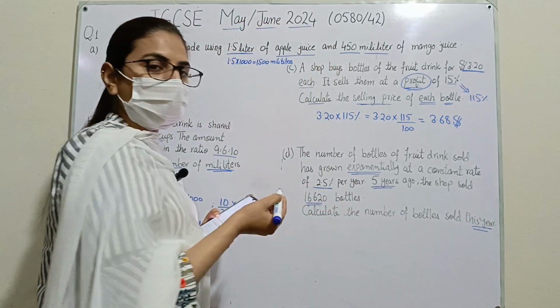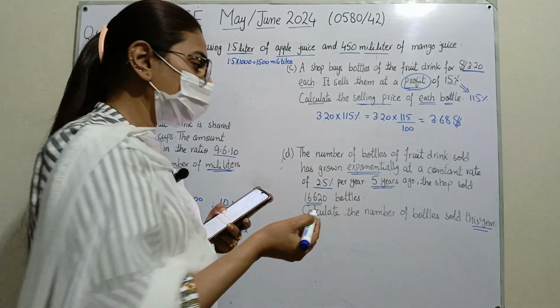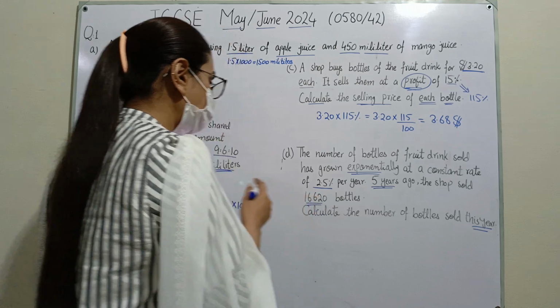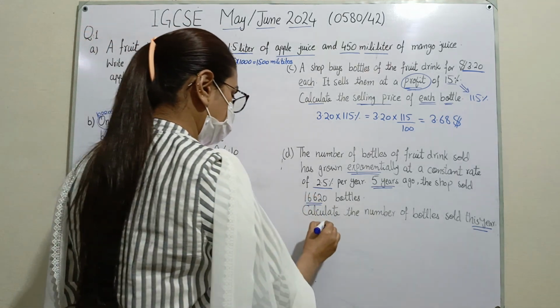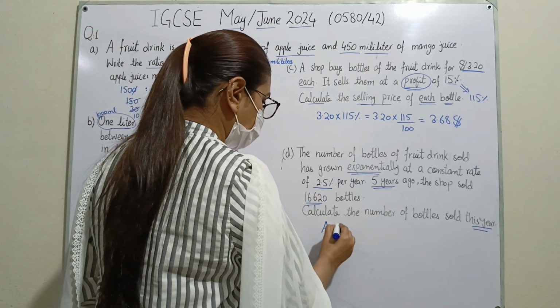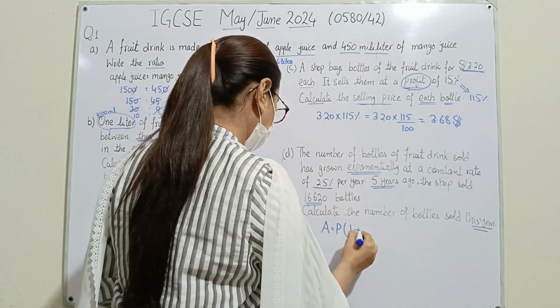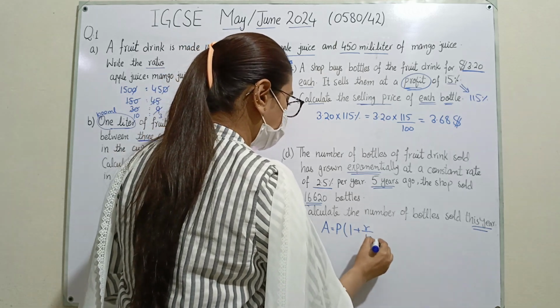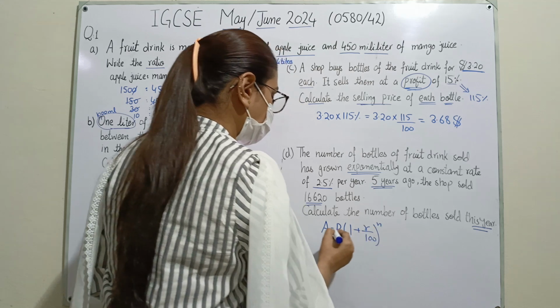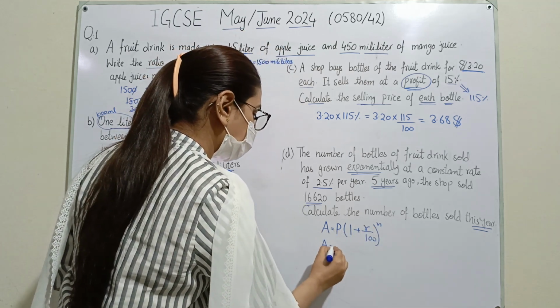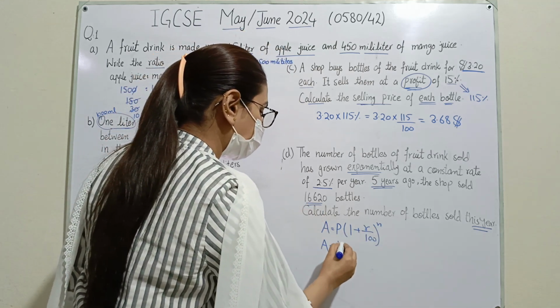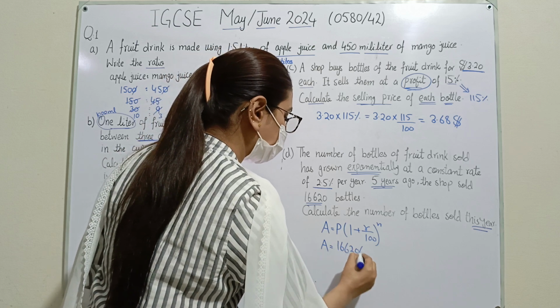Simply use the formula, as this is a formula based question, so apply the formula of compound interest, that is A = P(1 + R/100)^n. Simply put the values. What is the value of principal over here? That is 16620.